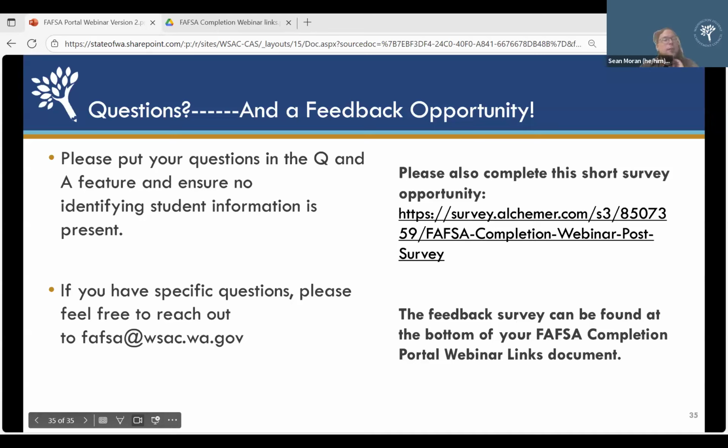You can reach out through FAFSA at wasac.wa.gov, and we can go over some of those. First time filers is a bit different, but especially if it's drastically one way or another, it would be good to make sure we can explain why that is happening. And also making sure that if the times that both are pulling from aren't matching, that's also something we can address.